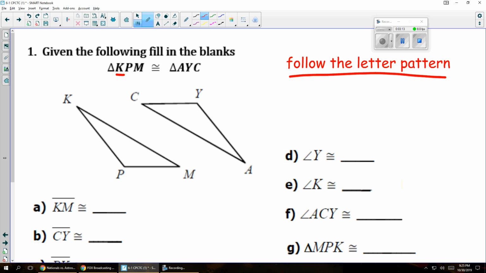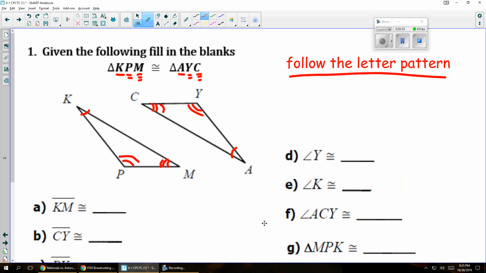So angle K matches up with angle A. And angle P matches up with angle Y. And finally, angle M matches up with angle C.